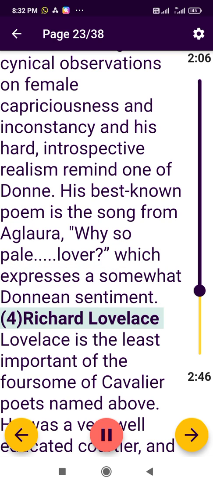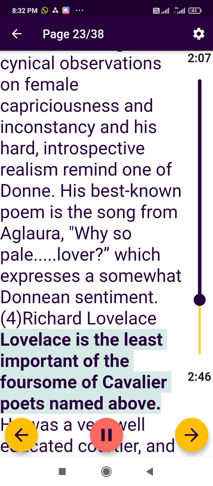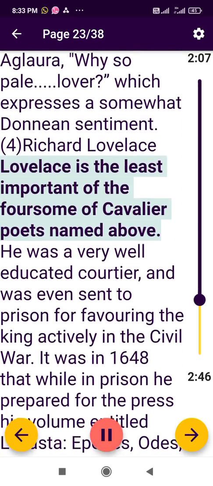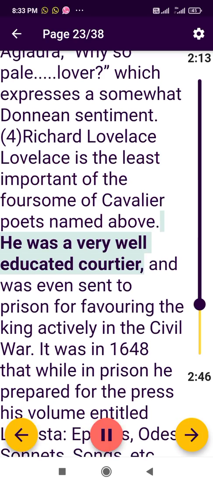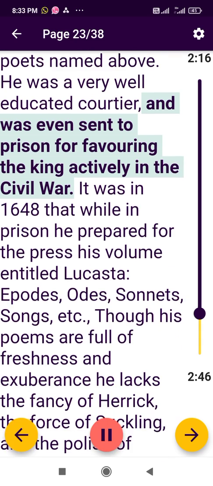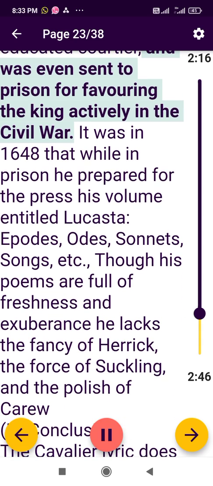4. Richard Lovelace. Lovelace is the least important of the foursome of Cavalier poets named above. He was a very well-educated courtier, and was even sent to prison for favoring the king actively in the Civil War.